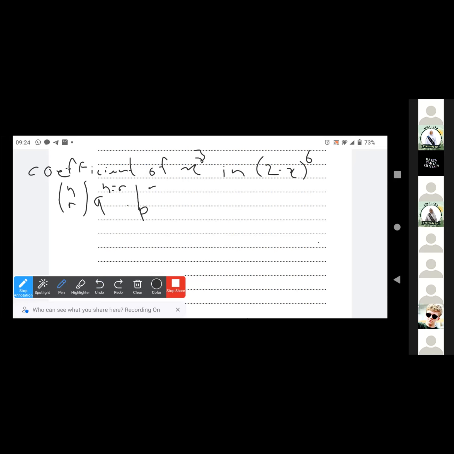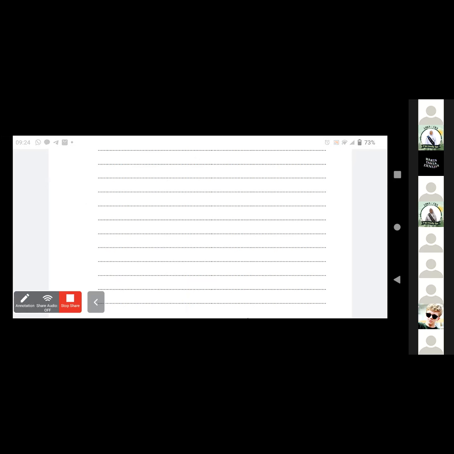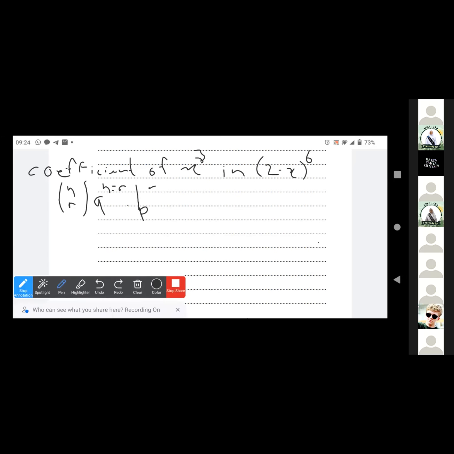Ya, ini kalau nggak jelas bilang ya. Mister, bentar, ini saya cari cara hapus ya.